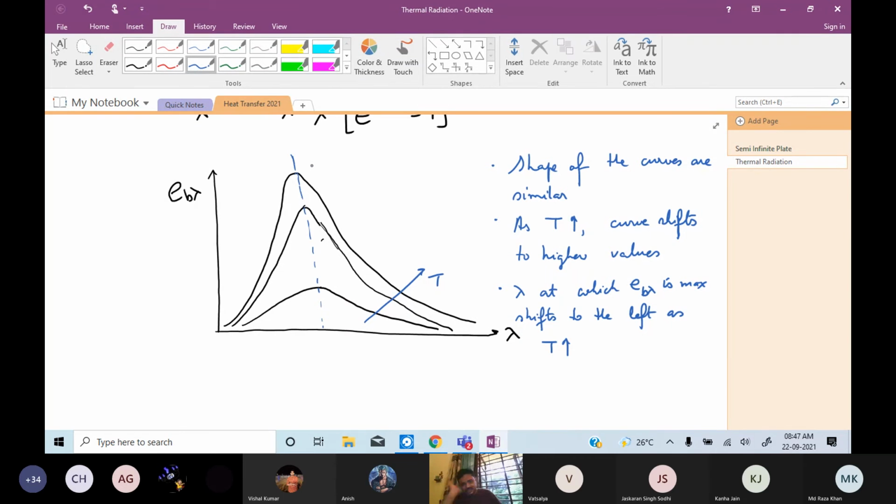But as I keep on varying the value of T, we see that the monochromatic emissive power is higher if the temperature goes up at a given wavelength. And secondly, the wavelength at which the monochromatic emissive power is maximum shifts to the left as temperature goes up.